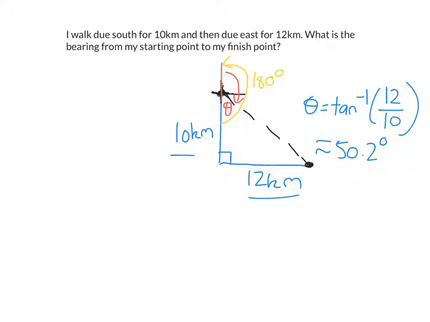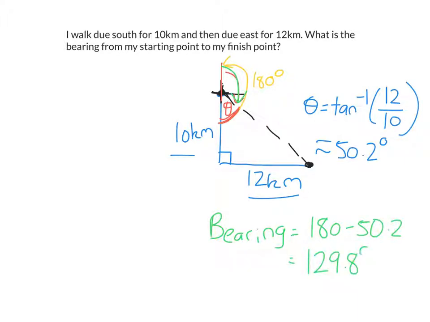Now, have I finished? Well, no, I found theta, but I didn't find what the bearing was. So if the angle in here is 50.2 degrees, then this angle out here will be 180 minus 50.2. So the bearing's 180 minus 50.2, which is about 129.8 degrees.